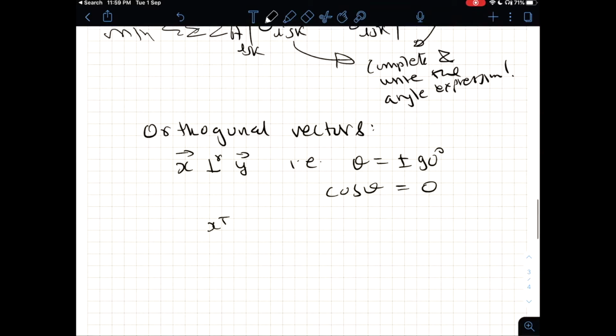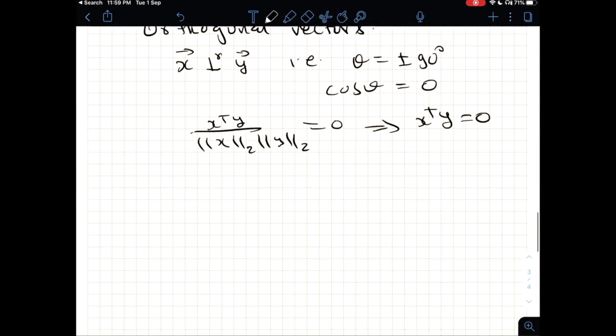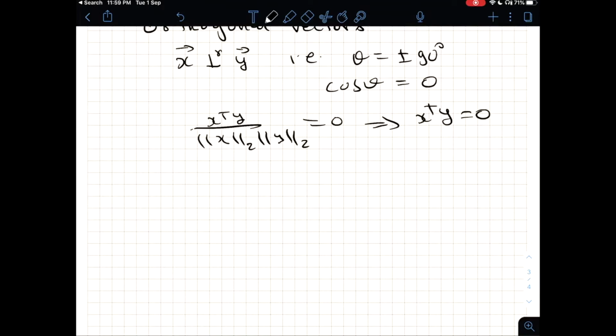So that means x transpose y divided by the product of lengths is 0. Since the lengths of the vectors are non-zero, x transpose y should be 0. So two vectors which meet this property, that x transpose y is 0, are said to be orthogonal vectors in n dimensions. Okay.